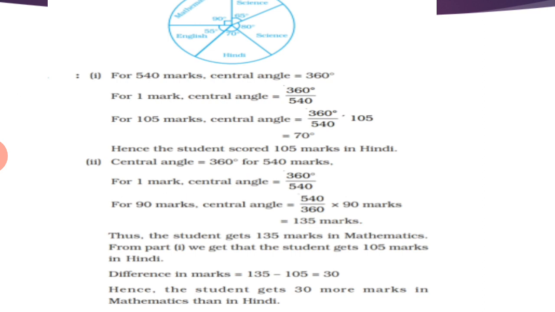So the first portion is correct, but the second portion, that is for 90 degree, the central angle is going to be reciprocal. So it will be 540 by 360 into 90 degree. I will do this sum once again and send it to your WhatsApp groups so that it becomes clear and correct. Okay?